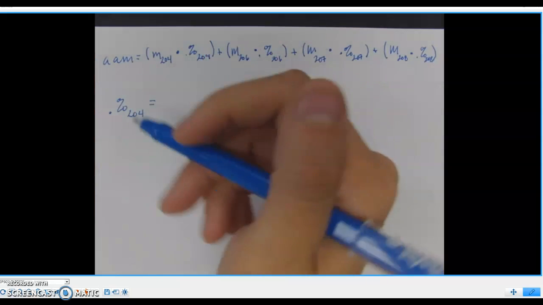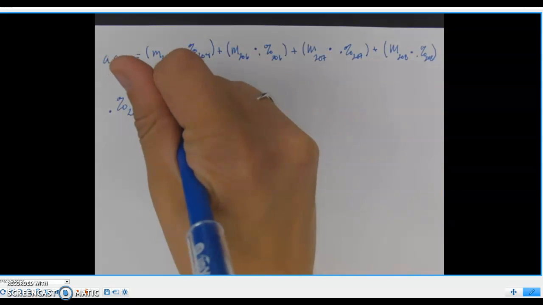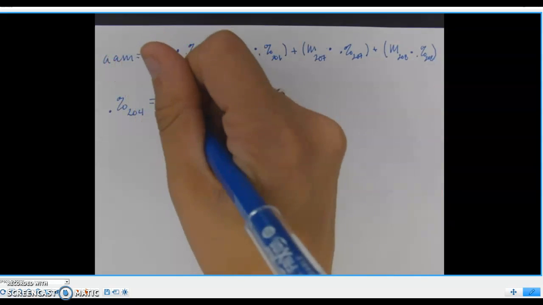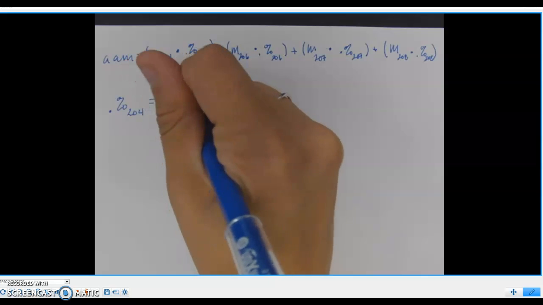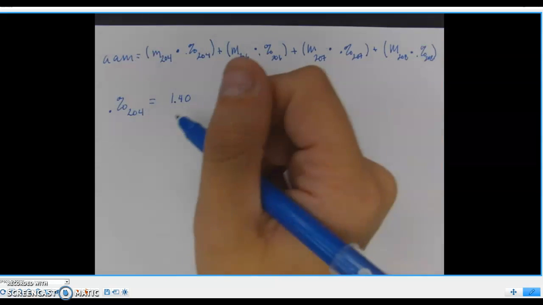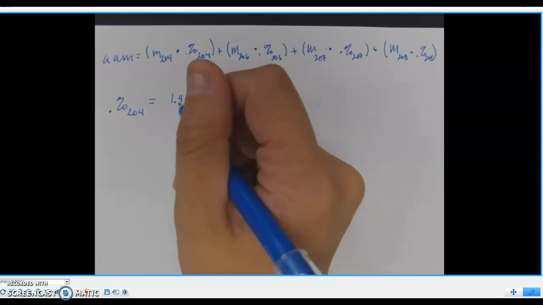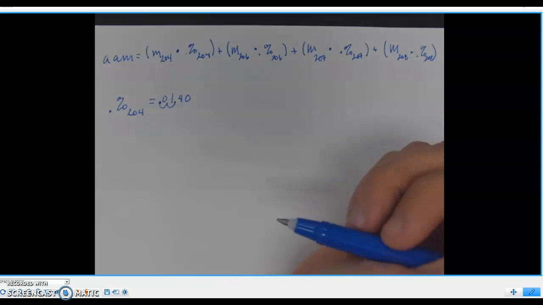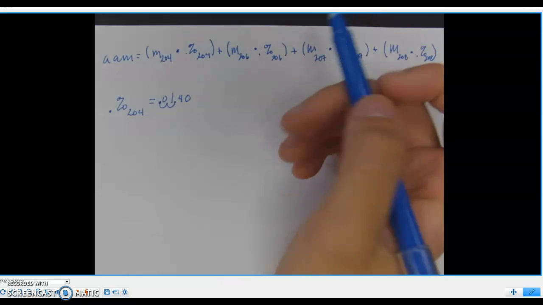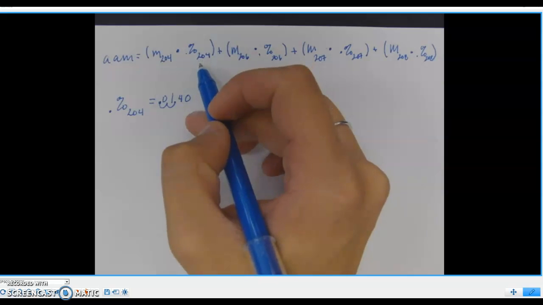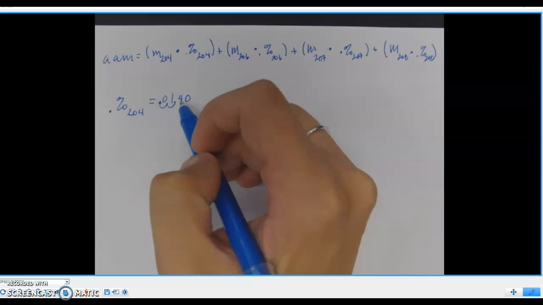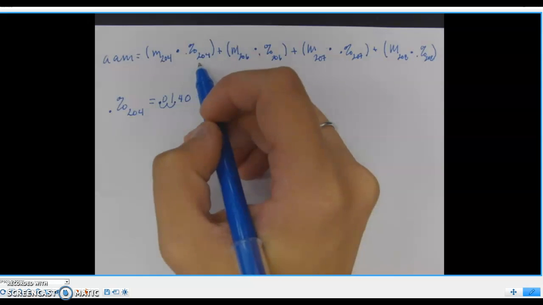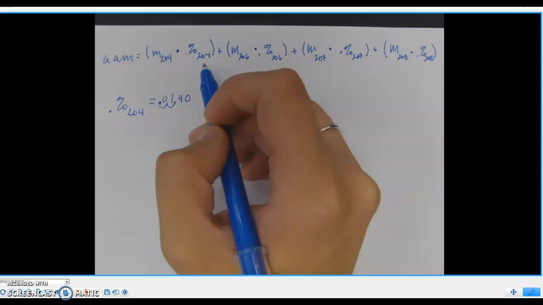In order to get it into our decimal form, because right now it's at 1.40%, I need to divide by 100 or move the decimal to the left 2 times. So instead of plugging in 1.40% right here, I'm going to put 0.0140. And that's what will go here.